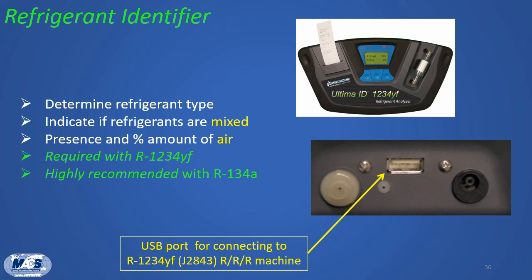While EPA does not require the use of a refrigerant identifier, all RRR machines designed for use with R1234YF will require refrigerant identification prior to recovery. SAE J2843 requires that all recovery, recycle, and recharge machines built for use with HFO 1234YF have either an integrated refrigerant identifier or be capable of receiving input from a non-integrated identifier with a USB port.